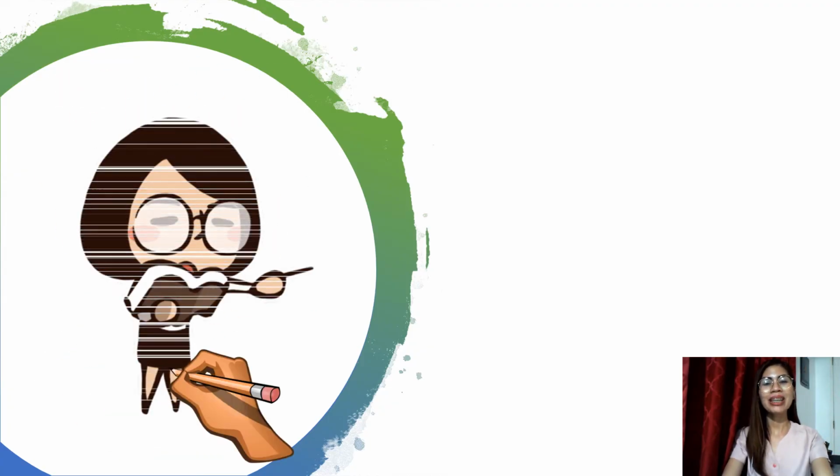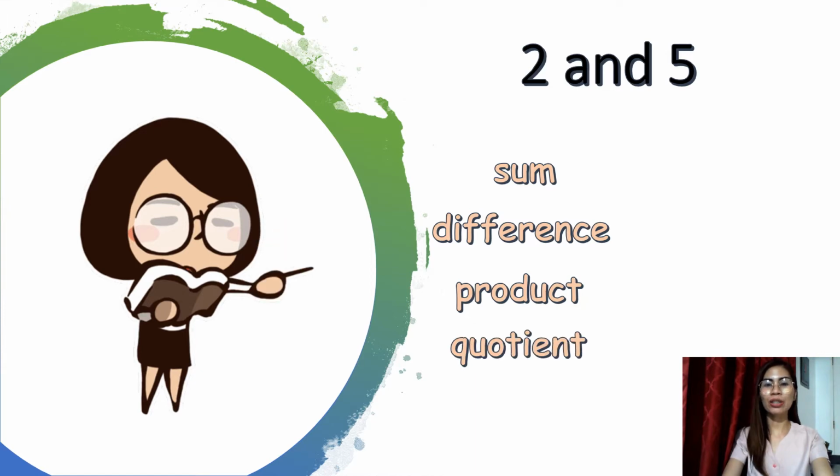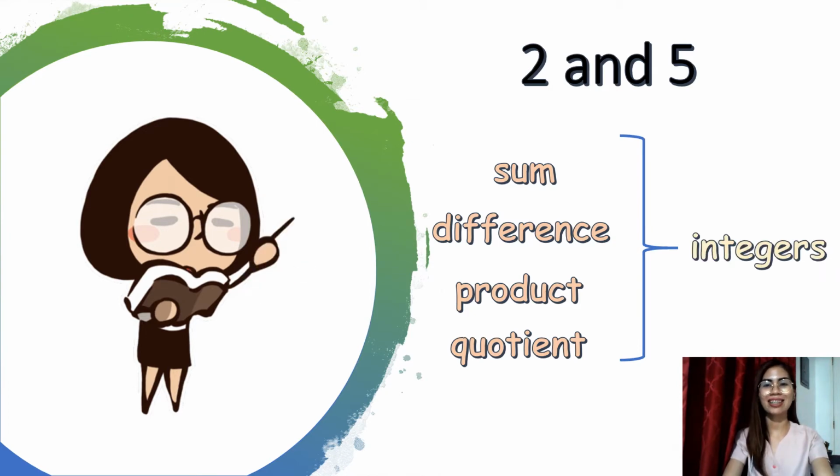Now this time, Teacher Debbie wants us to get the sum, the difference, the product, and the quotient of the integers 2 and 5, and also identify again if the given answers are integers.